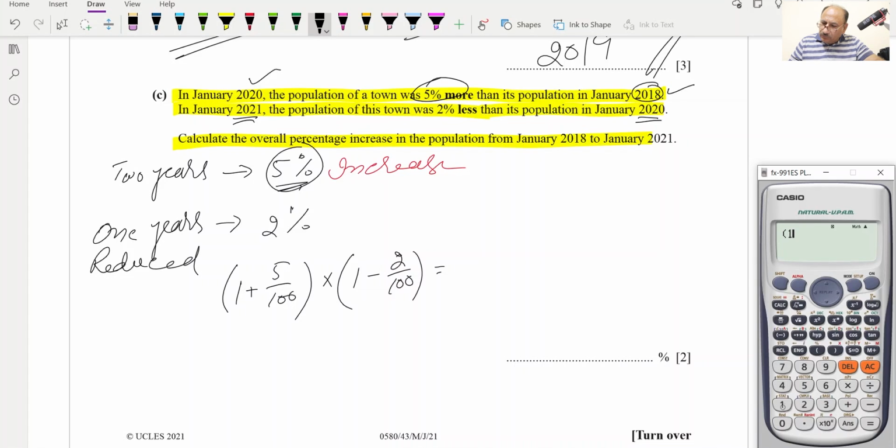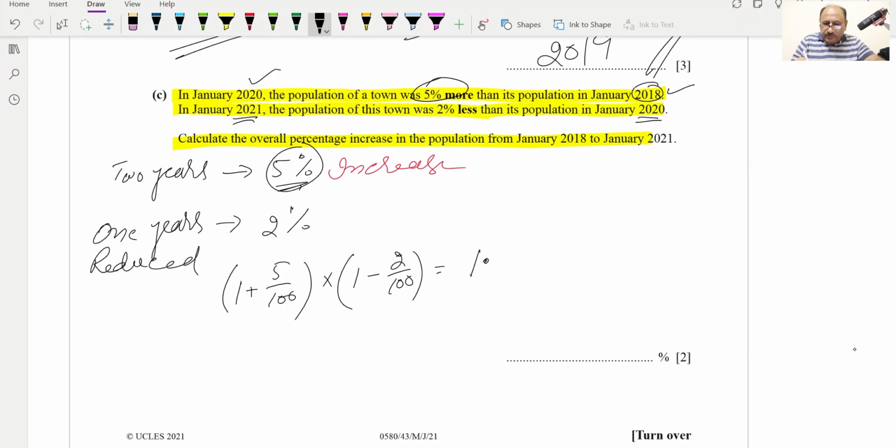So we can put in brackets 1 plus 5 over 100 and bracket close, multiply by bracket 1 minus 2 over 100, and bracket closed, and this is equal to 1.029.